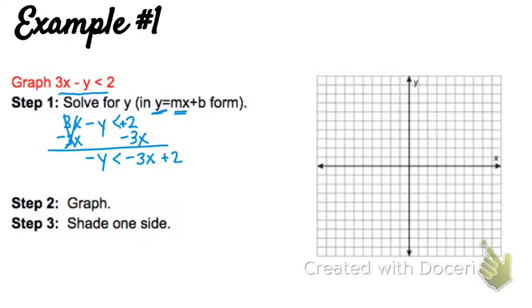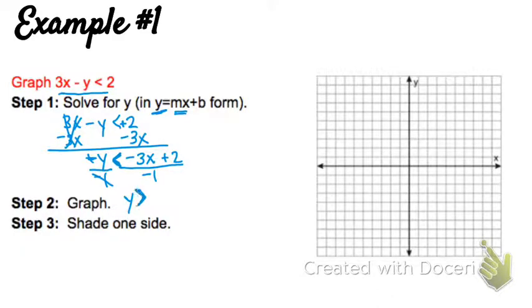And now I'm going to undo this negative here by dividing by negative 1. And I need to divide this whole side by negative 1, and that cancels that out. Remember, when you divide by a negative number, you have to flip the sign. So it was less than, and now it has to be greater than.